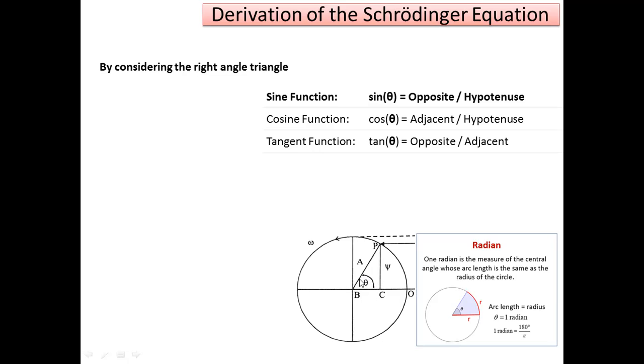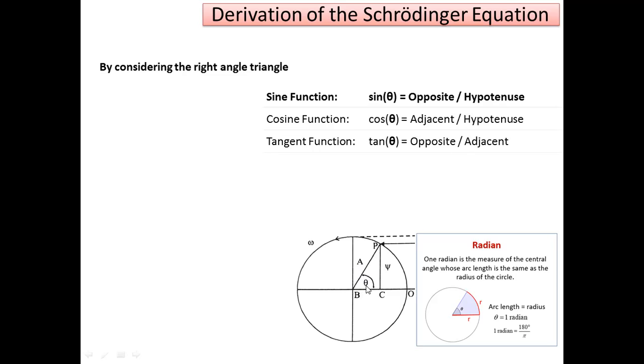What does sine theta mean? It is the opposite over the hypotenuse. This is the theta, this side is the opposite, and this is the hypotenuse, and the ratio between these is called the sine theta.